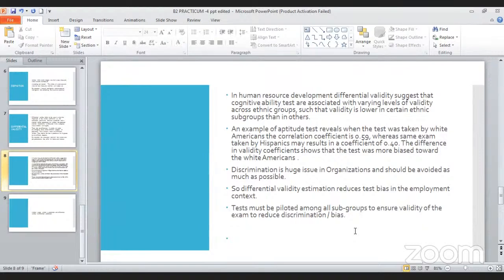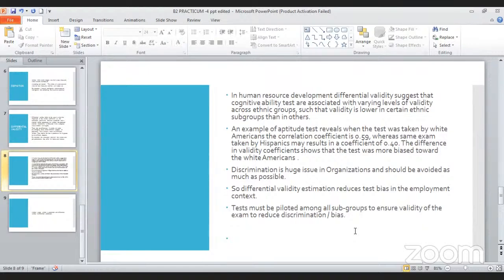The validity coefficient should be the same for the whole group, that is our expectation, but sometimes we can see differences between the validity coefficients across the subgroups. It may be different for male, different for female, different for white Americans, different for non-white Americans, like this. That means the test is biased to that particular subgroup. Okay, that is the differential validity, because the validity coefficient differs across the subgroups.